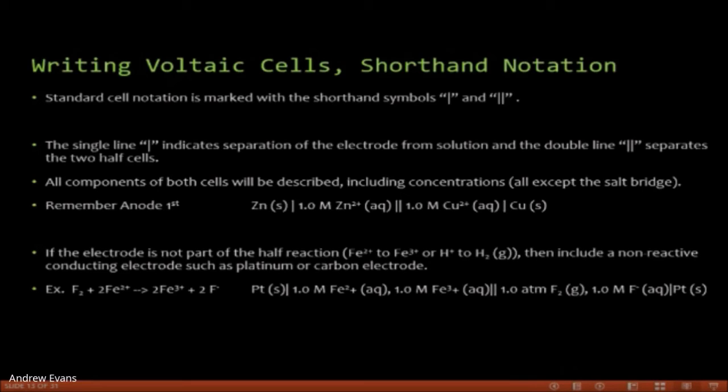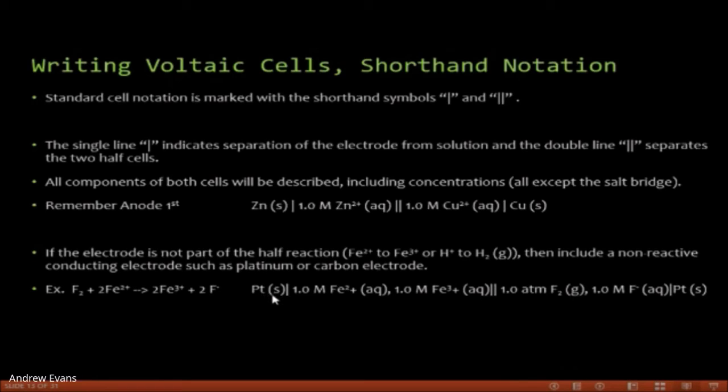One of the reasons platinum is so expensive is because it's typically not reactive, and so it's used in a lot of different chemistry. So for example, if I'm doing fluorine gas, and iron 2+ goes to iron 3+ and fluoride, I would have on one side the anode, the oxidation.